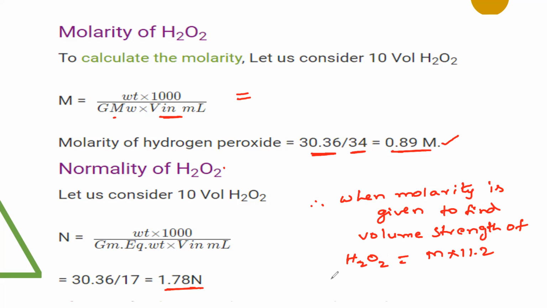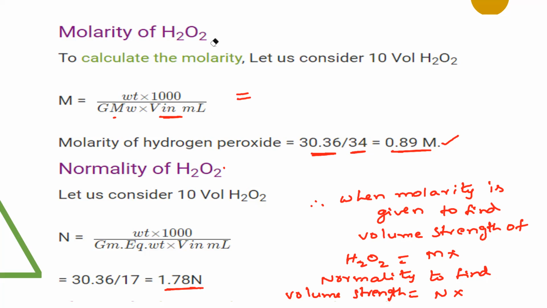When normality is given, to find volume strength, it is normality into 5.6, sorry, molarity into 11.2, normality into 5.6.